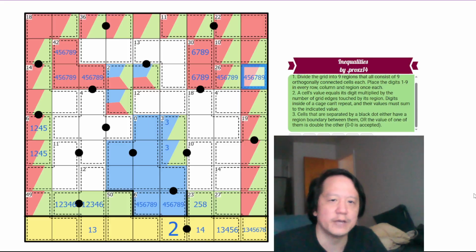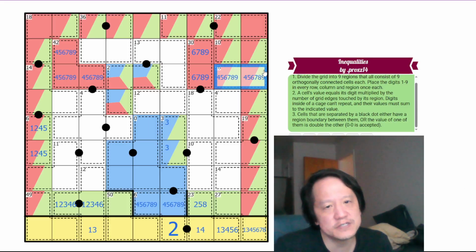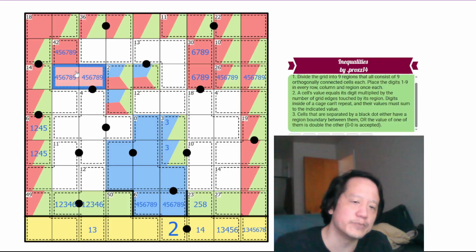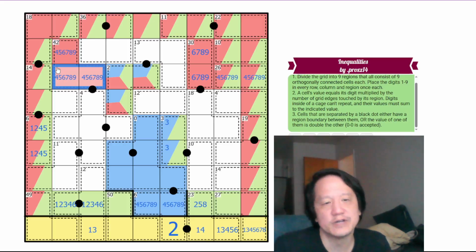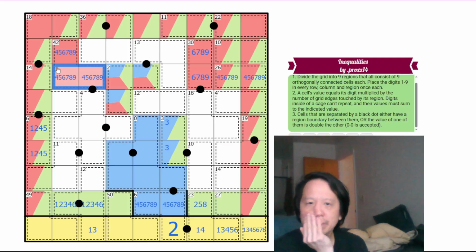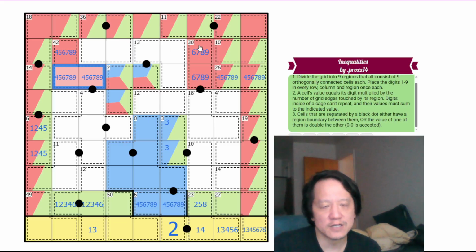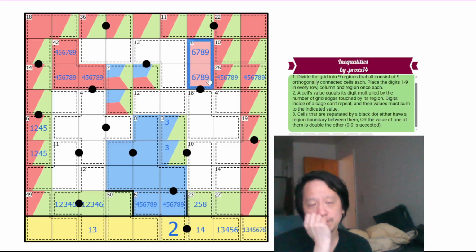Okay, this cannot be 9 plus 8. If this is 9 and 8, that means 8 and 9 can't be here. To get to 21... Oh, wait, maybe that does work. Never mind. Yeah, you could have 9 there. Never mind. Okay. I was just thinking that, so that doesn't work there.